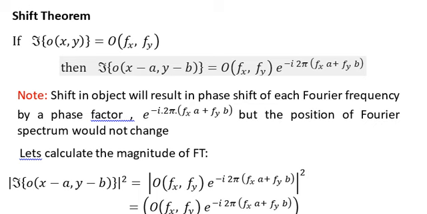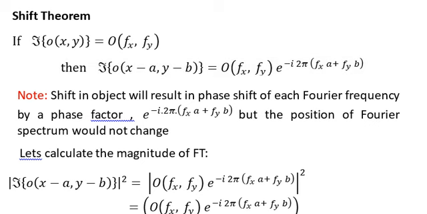So this phase factor will be multiplied to all the frequencies in the object capital O, except that when fx is equal to 0 and fy is equal to 0, the phase factor will be 0. So the central or the 0th order frequency will remain unchanged in phase, but all the other frequencies will be multiplied by this phase factor.